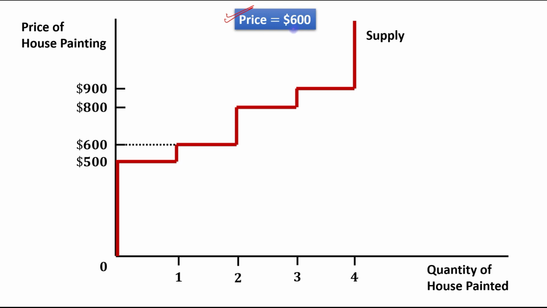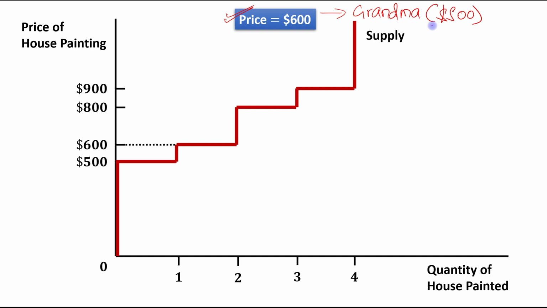When the price offered is $600, I think there will be only one seller, which is grandma, because grandma's cost is $500.